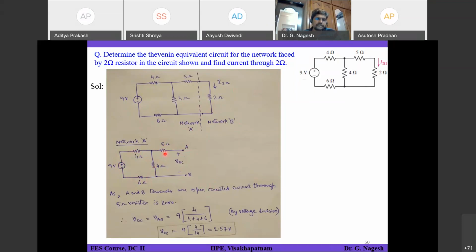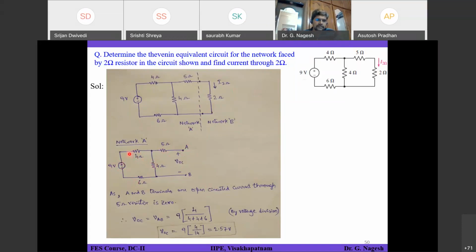If you want to find out the current in the 4 ohm resistor, what will be the value of that? 9 divided by 4 plus 4 plus 6. If I ask you current, V by total resistance, the 5 ohms is not present in your circuit because no current is flowing in that.